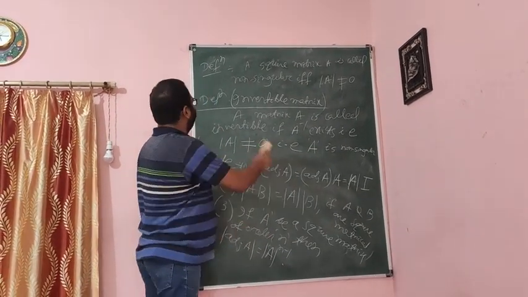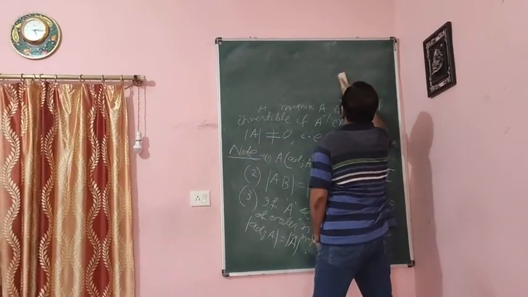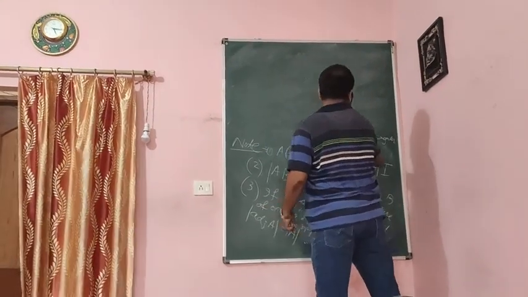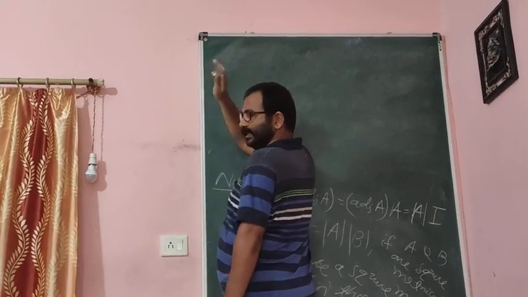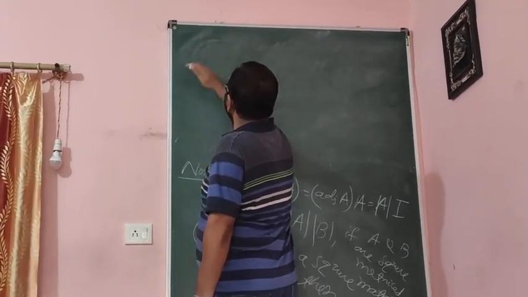And now, actually, what is the determinant of a matrix A by using cofactors and minors?